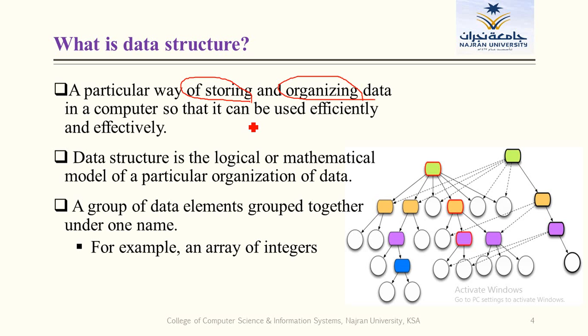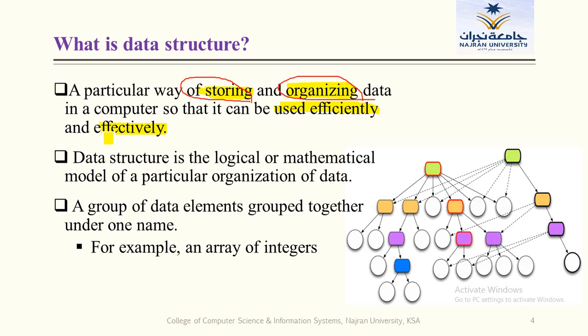So two main things that we have seen here. What is data structure? Data structure is a way to store data and to organize data. So why are we storing this data and why are we organizing this data? Because later we can use this data efficiently and effectively.